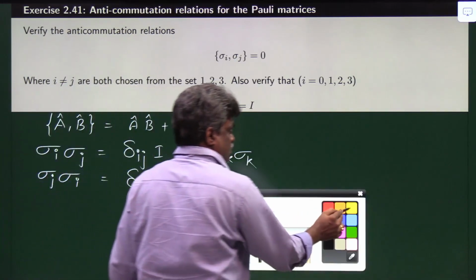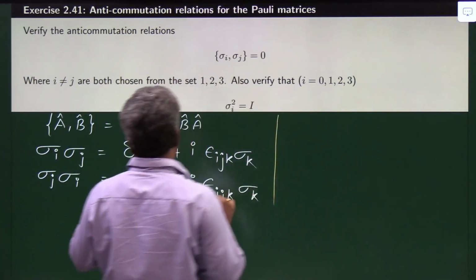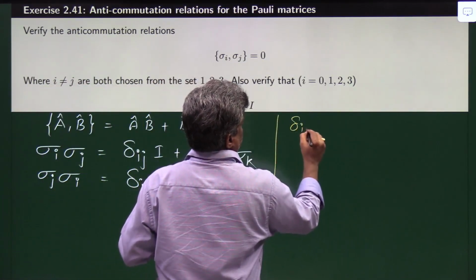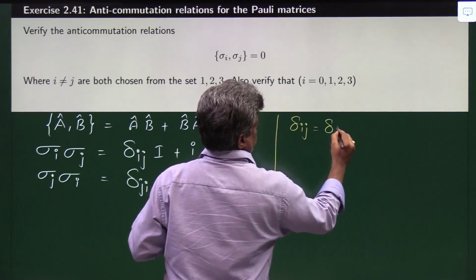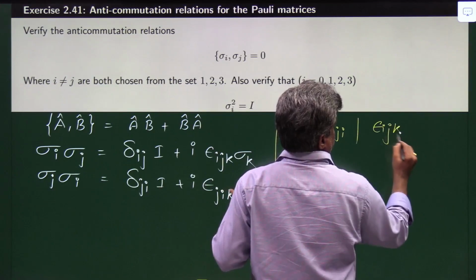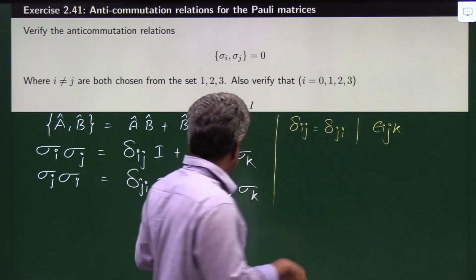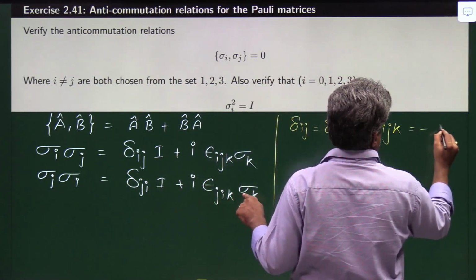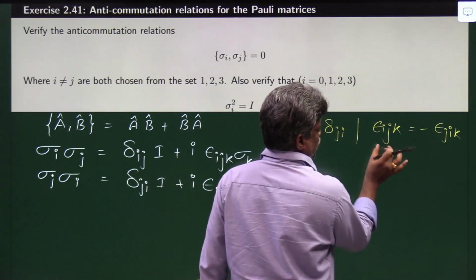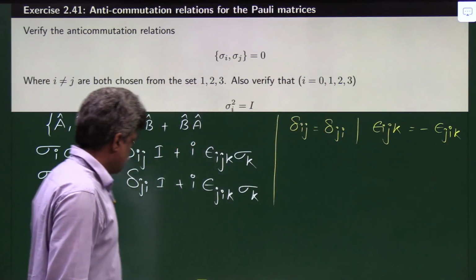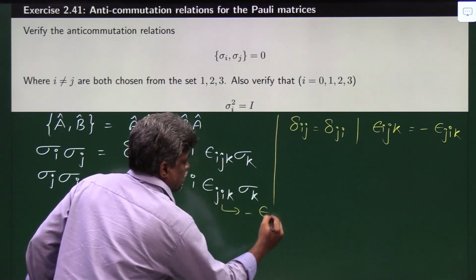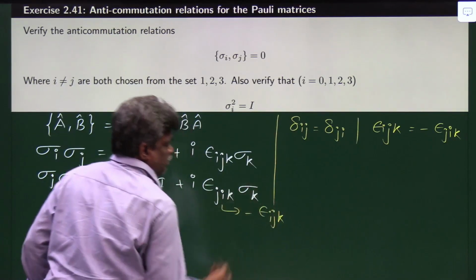In the earlier classes I have already discussed the properties of the Kronecker delta and the Levi-Civita symbol. We know delta ij equals delta ji, while epsilon ijk is an even permutation, and if it is in the reverse order, it is minus, so epsilon jik equals minus epsilon ijk.